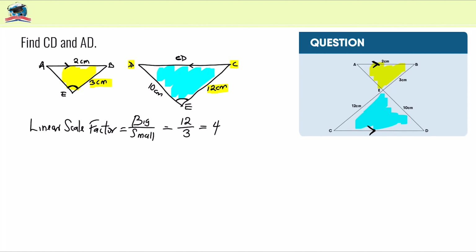Since we have our scale factor of 4, all we need to do is go to the smaller one and multiply by 4 to give us the bigger one. From the smaller one to the bigger one, you multiply, and from the bigger one to the smaller one, you divide. So CD is equal to the smaller one, which is AB, multiplied by our scale factor.